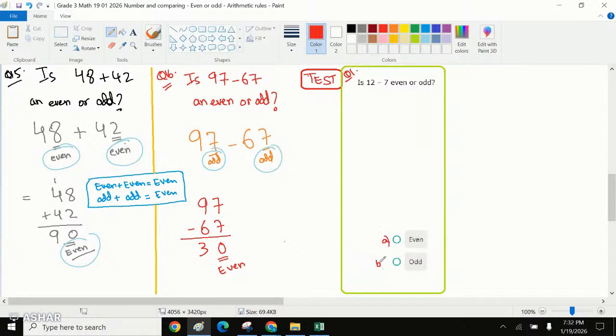Option A or option B? 12 is even, 7 is odd, right? So what is the answer for 12 minus 7? Is it even or is it odd?